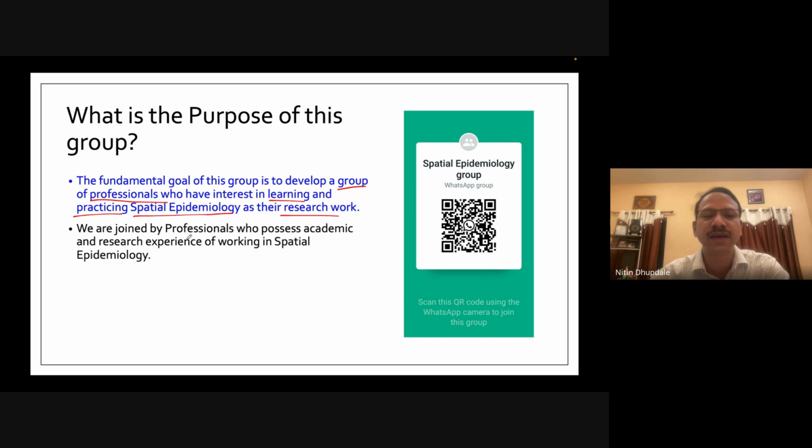At the moment, we have lots of postgraduate students in community medicine, and also a lot of professionals who are already working in spatial analysis. They have immense academic as well as research experience in working with spatial data.